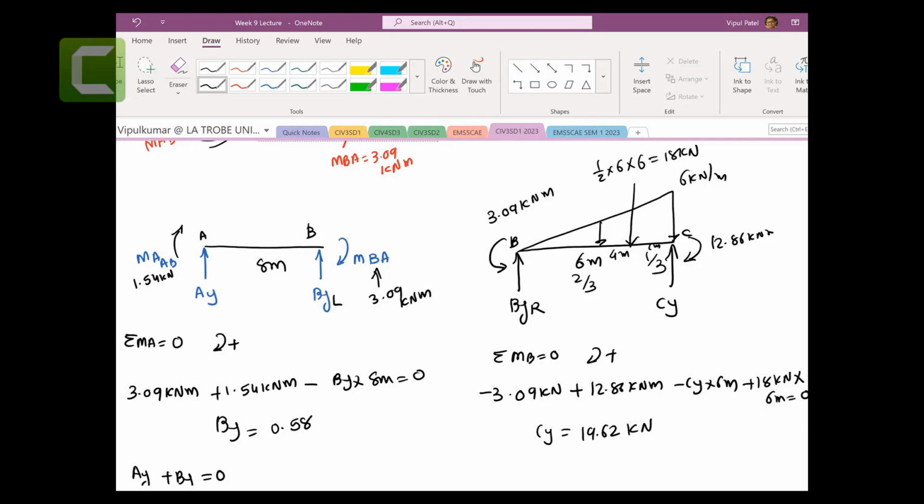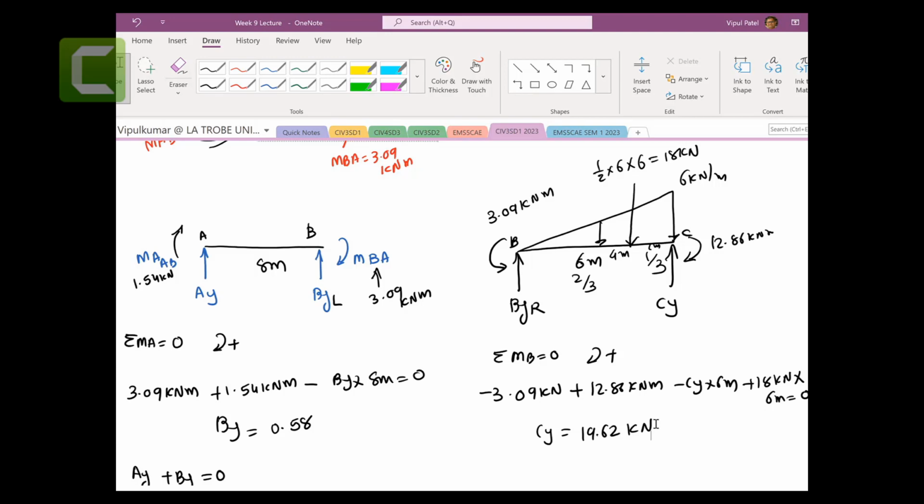And that would be your 0.5 times 6 times 6, which would be 18. That's all good. And that would be the centroid, 2/3 and 1/3. So 2 divided by 3 times 6, which is 4 meters and 2 meters.